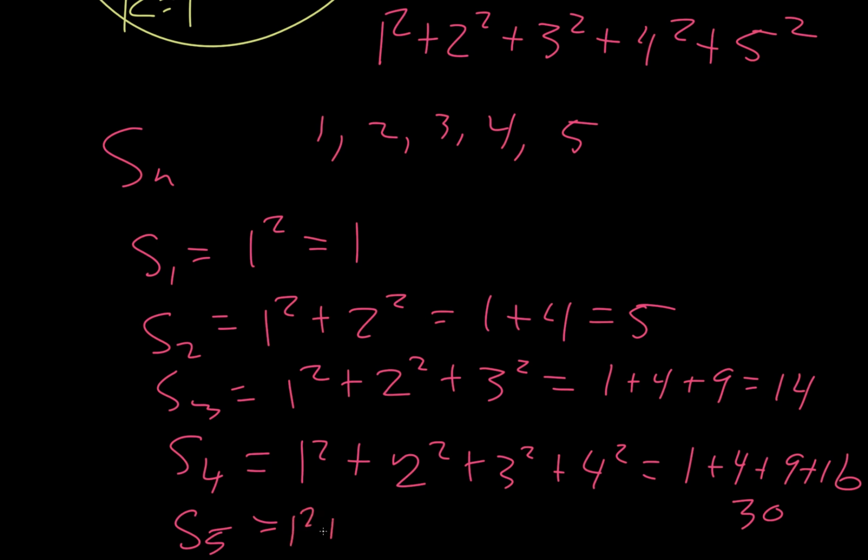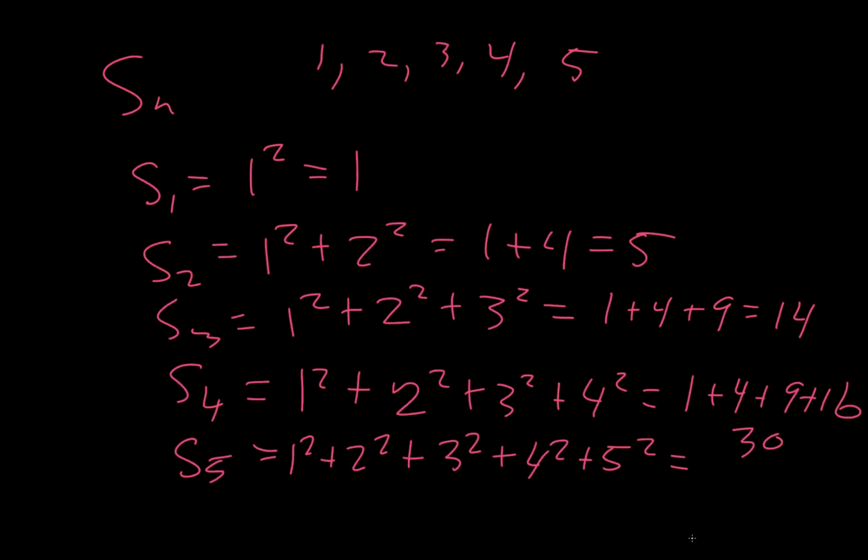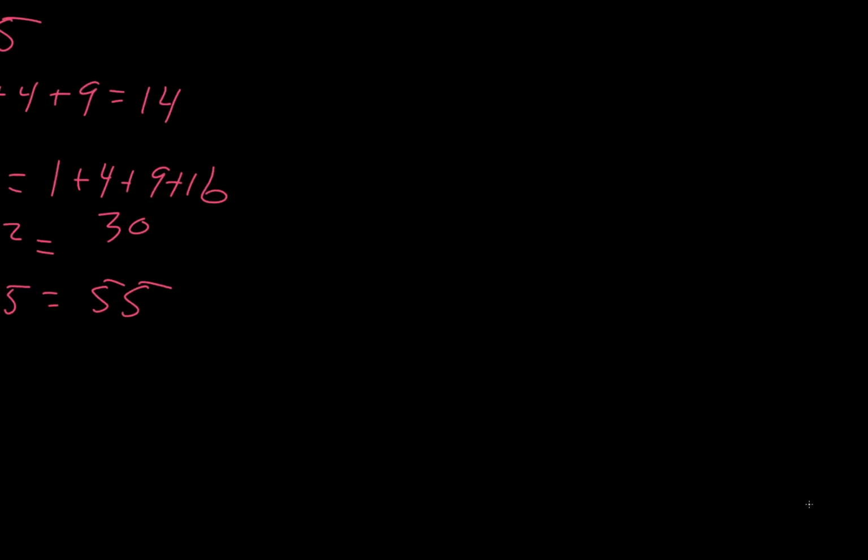And then S sub 5 will be 1 squared plus 2 squared plus 3 squared plus 4 squared plus 5 squared, which is 1 plus 4 plus 9 plus 16 plus 25, which is 55. Okay, so that finished out example 22. Now we can move on to example 23.